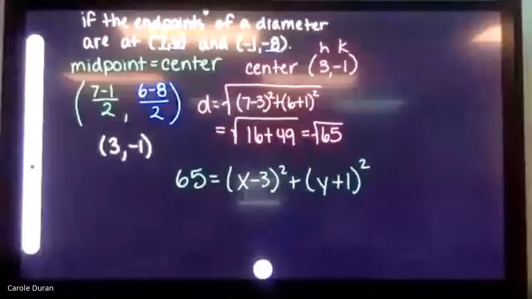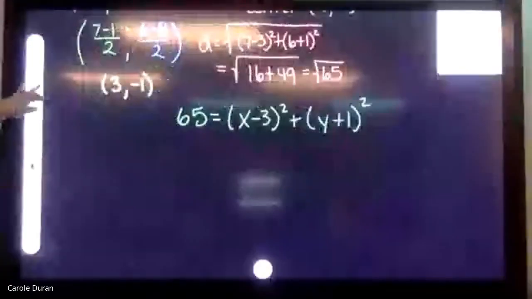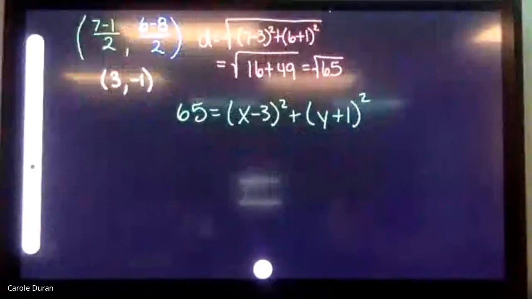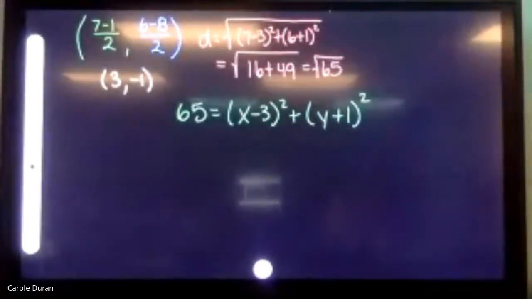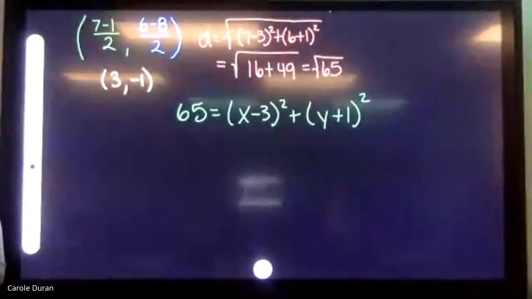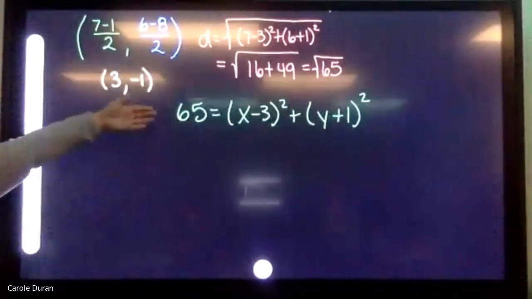You should have ended up with 65 equals the quantity x minus 3 squared plus the quantity y plus 1 squared. Show of hands who have this equation. Okay, so we're feeling pretty good about this, right? Anybody super duper confused or having issues? No? Is that the final answer? That is our final answer. It's the equation, yes.